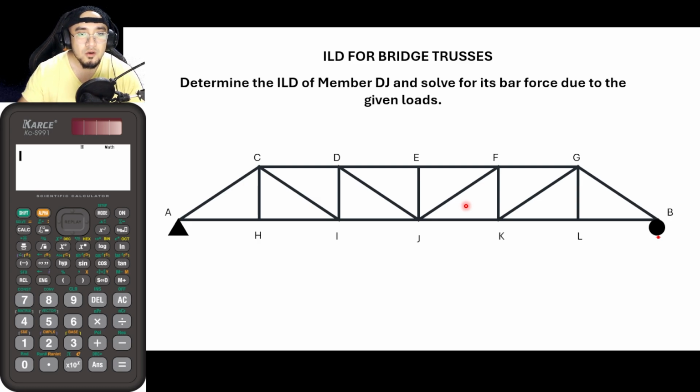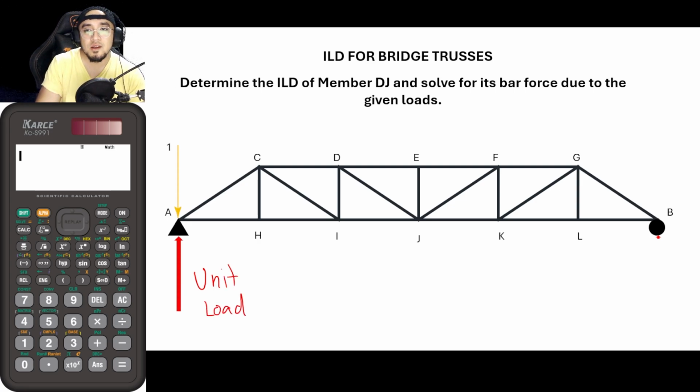So what we are to do is once again to introduce unit loads. Say that this is now the unit load. But take note guys that this is a pin support or a hinge support, meaning that it also has a horizontal support.